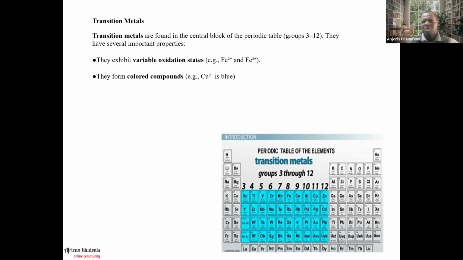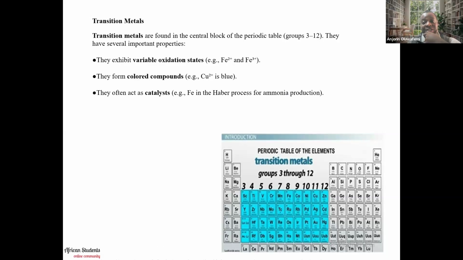It is because of their d orbitals that they can form colored compounds. They have partially filled or completely filled d orbitals, as the case may be, and this contributes to the ability to form colored compounds. They often act as catalysts, for example iron in the Haber process for ammonia production.